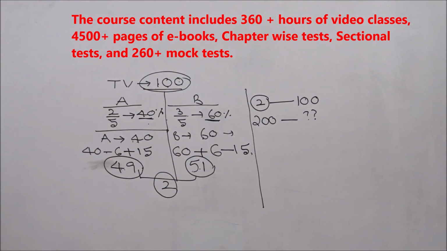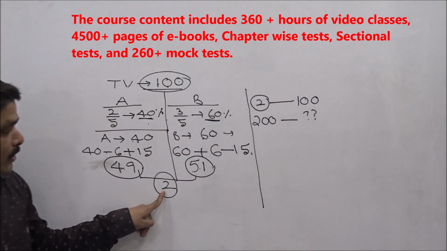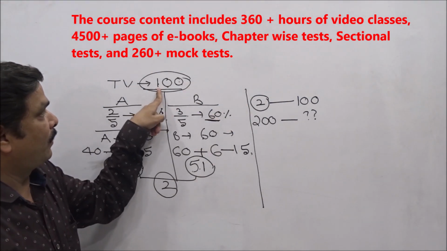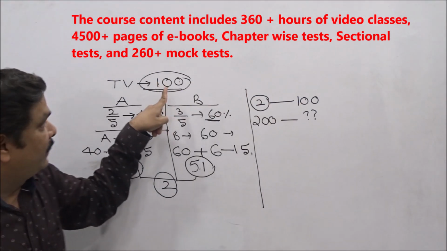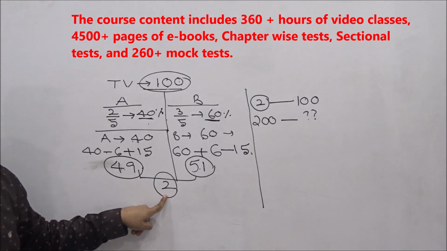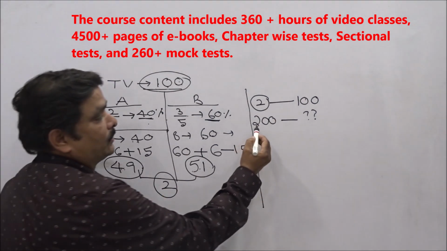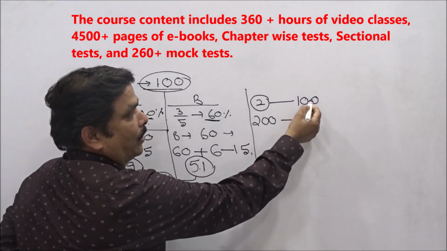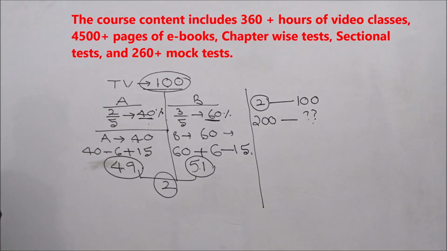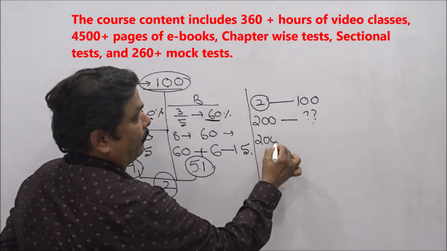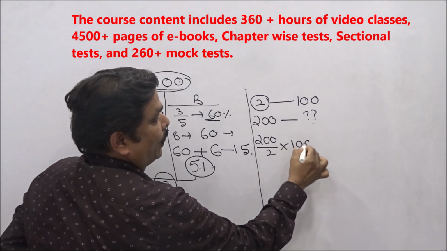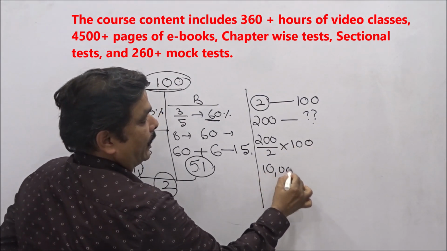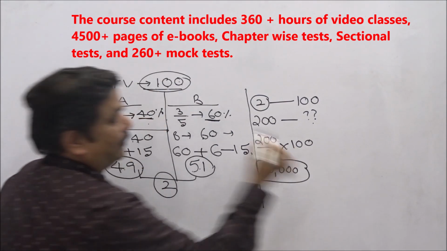How simple this one. If A lost the election by 2 votes, total number of votes were 100, because with this imaginary figure of 100 only I got 2. Alright, if A lost the election by 200, what is the total number of votes? Simply that is 200 divided by 2 into 100, you will get 10,000.